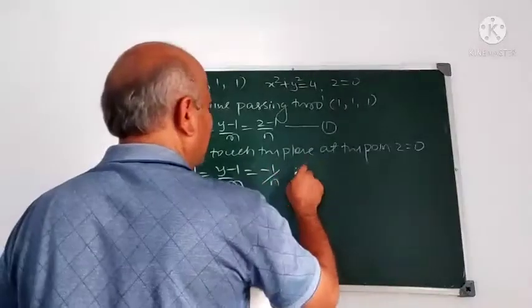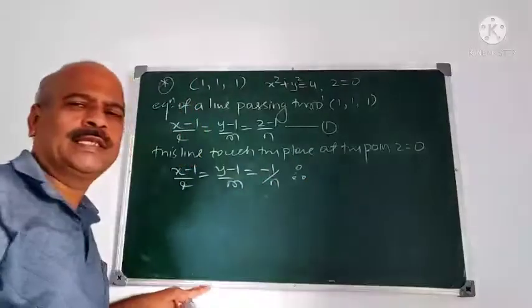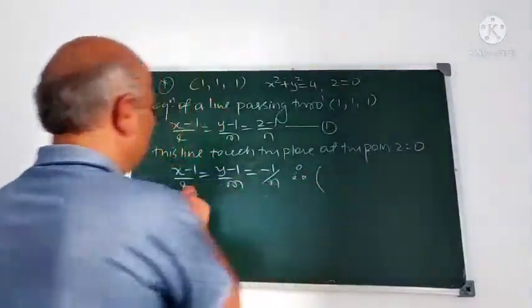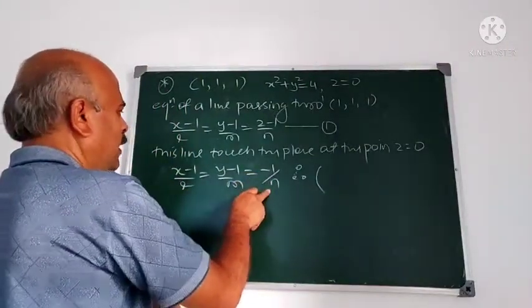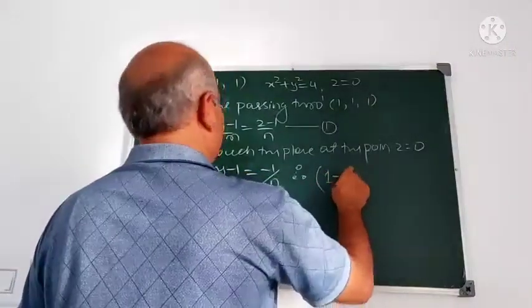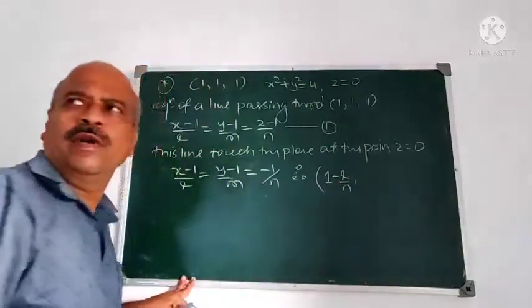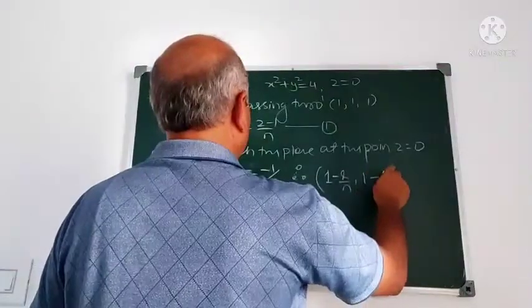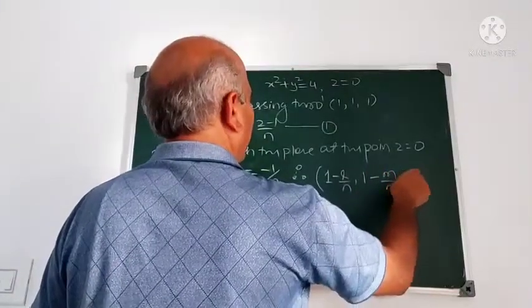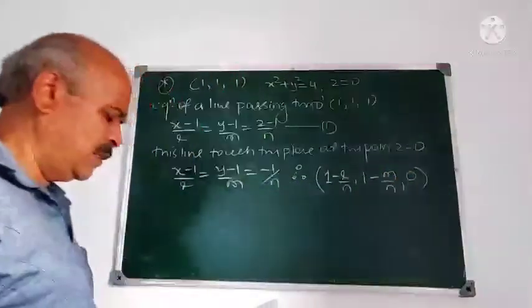Therefore x is given by, see, you have to solve now. (x minus 1) by l is minus 1 by n. What is x? 1 minus l by n. What is y? y is 1 minus m by n. And what is z? z is 0.